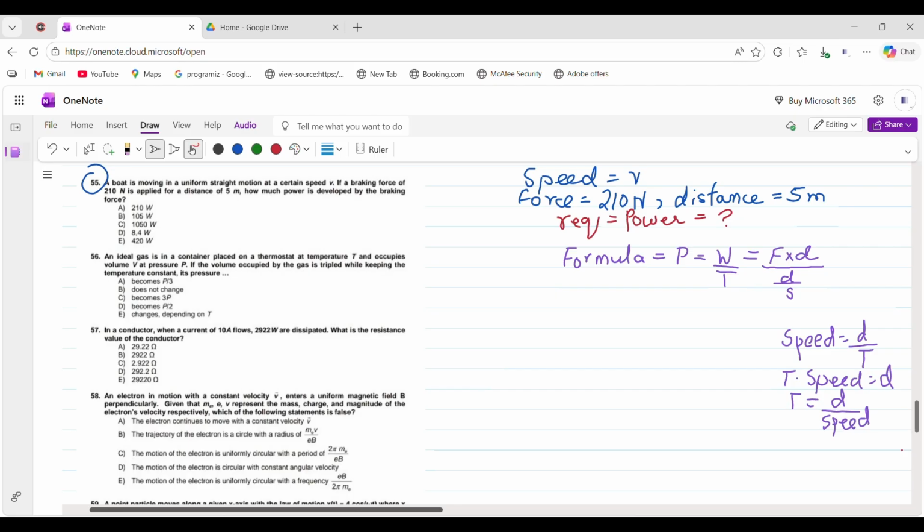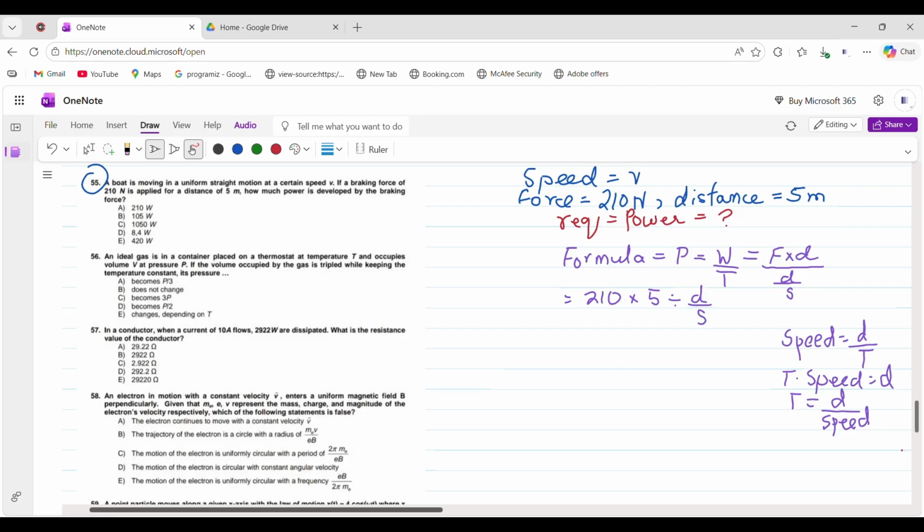So the force is already given to us. It's basically 210, and then it is multiplied with distance. Distance is 5, per unit distance over speed. So basically I can write it like this as well, divided by distance over speed.